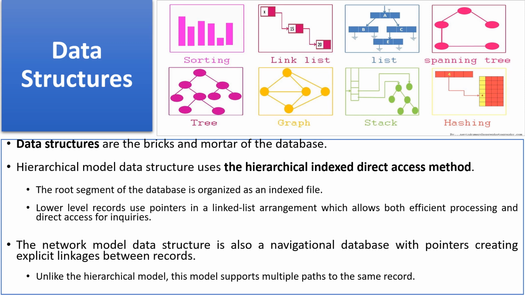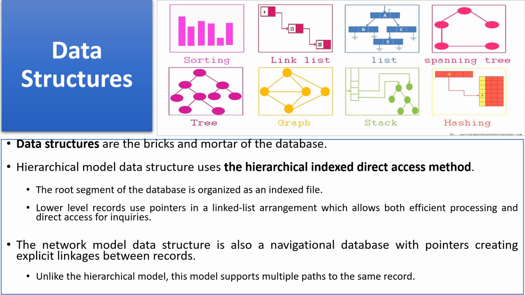The hierarchical database structure uses hierarchical indexing and direct access methods. As we said, the root segment of the database is organized as an index file, then the lower level is recorded as a pointer and linked to the segment or index file.